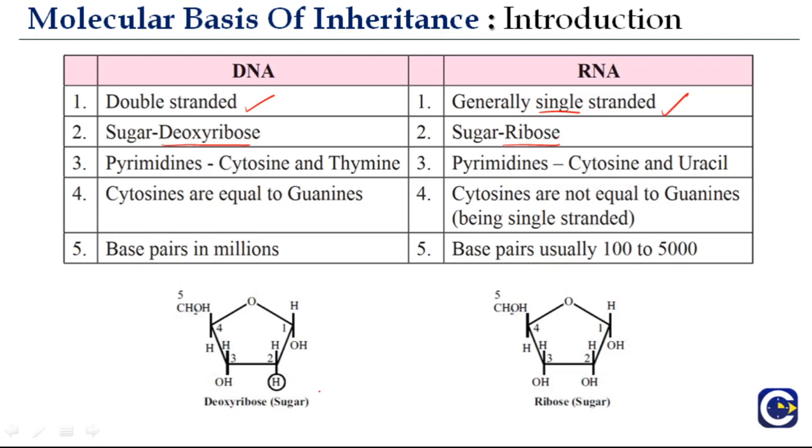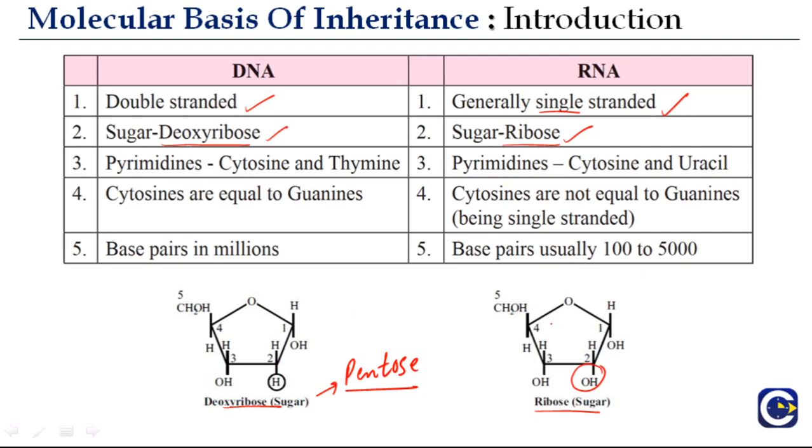Sugar is the pentose ring we saw previously, with a five-membered ring structure. In deoxyribose, the second position is deoxygenated. There is no oxygen here, as opposed to the ribose sugar, where there is an OH. Here there is no OH, it's just H. That is why it is called deoxyribose.